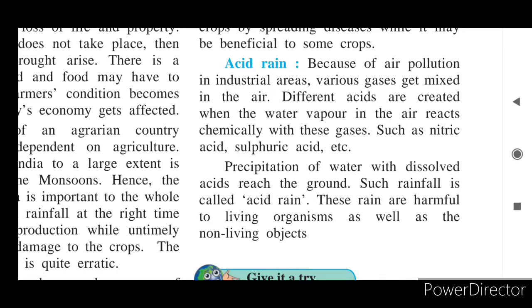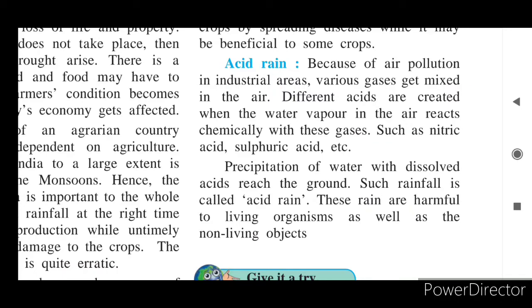Due to air pollution, these gases mix into the air, and when there is rainfall, these gases mix with that rainfall, and the water vapor has a chemical reaction, and due to that acids like nitric acid or sulfuric acid are formed. Precipitation of water with dissolved acid reaches the ground. Such rainfall is called acidic rain.